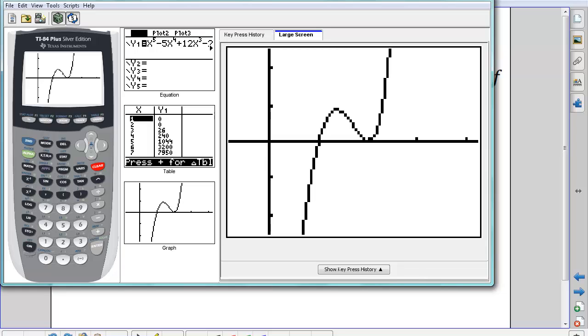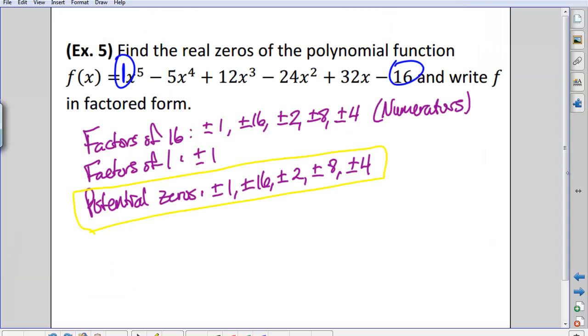A zero that crosses the x-axis has odd multiplicity. A zero that touches the x-axis has even multiplicity. So the 0 at 1 has odd multiplicity. At 2, it has even multiplicity.